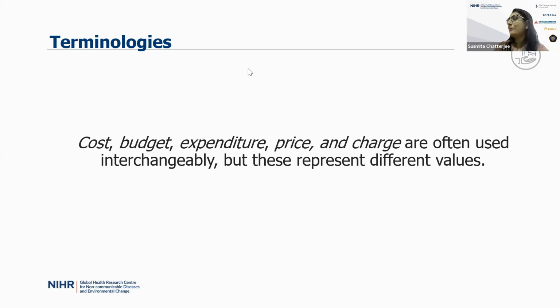Suppose I'm thinking about the cost of doing an X-ray in a government hospital, or think about a private hospital. Government hospital is even more complicated because X-ray will be free, or maybe 50 rupees or something. Or think about a private hospital, okay?